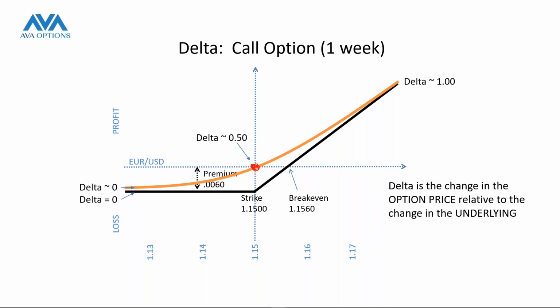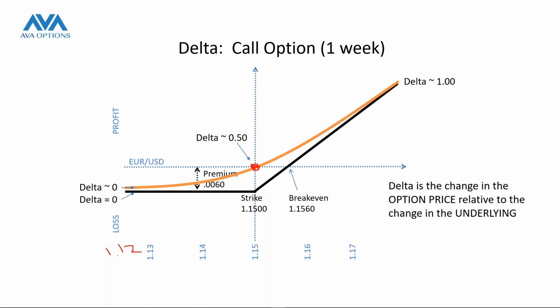Just before the expiration date, or even today, its delta is going to be approaching 1. And down on the other side, when the market's out of the money, if we're trading way down here at 112 or something, the option is way out of the money, it's going to lose all of its value. Once it hits 0, it can't be worth any less than 0 because it's just a right that you own.